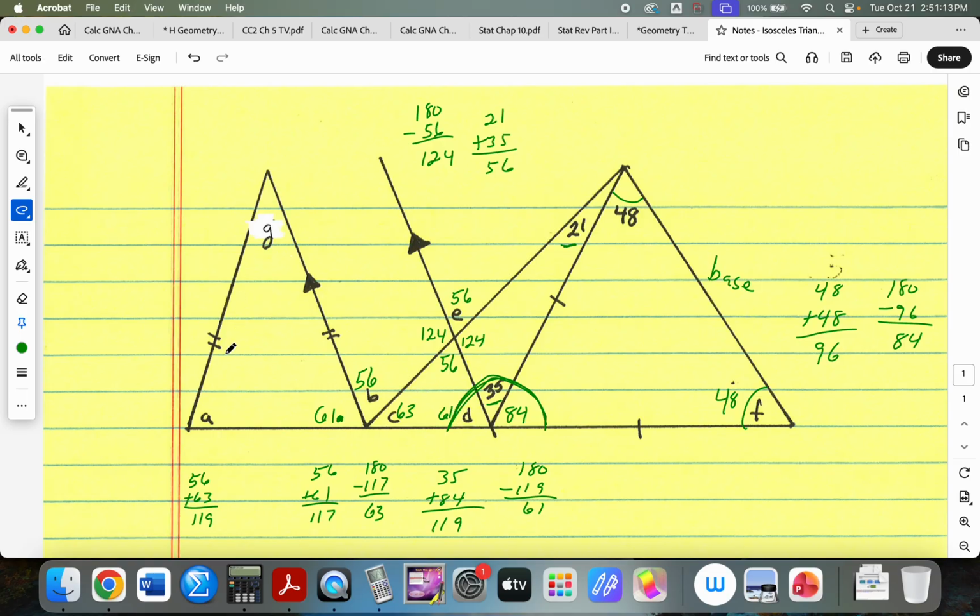Then what kind of a triangle is this over here on the left? Isosceles. Here are the two legs. So this is the base. The base angles are the same size. So A is 61.